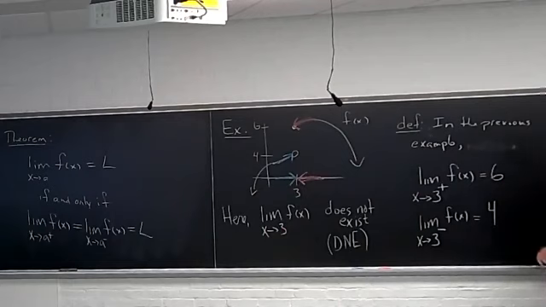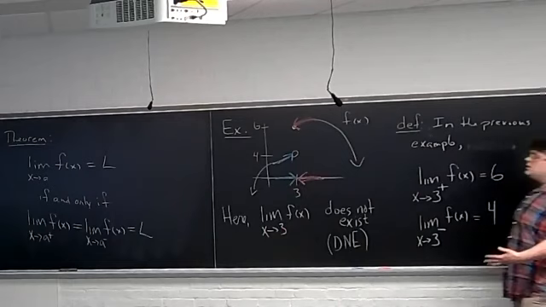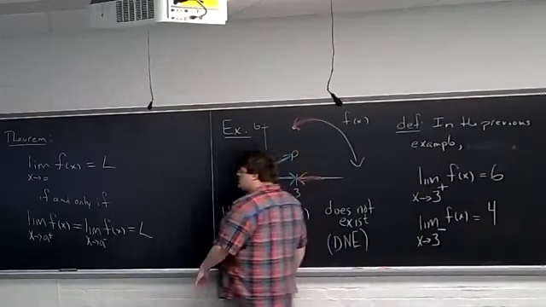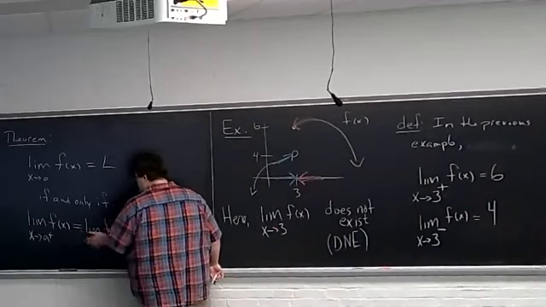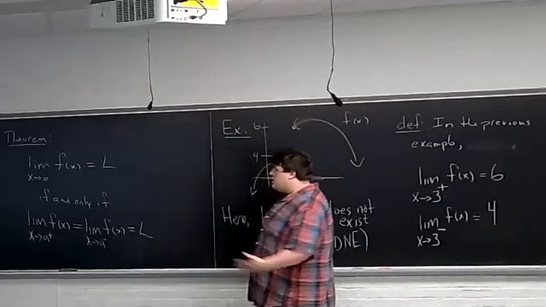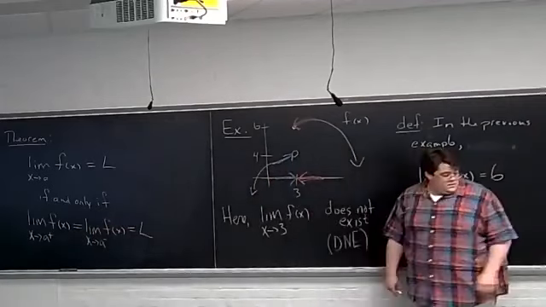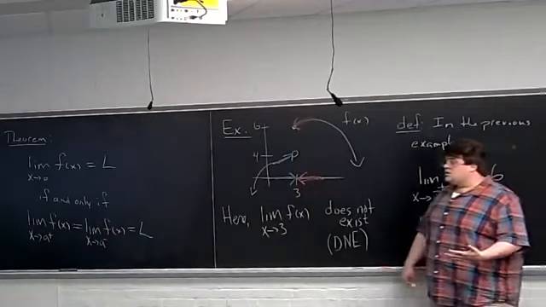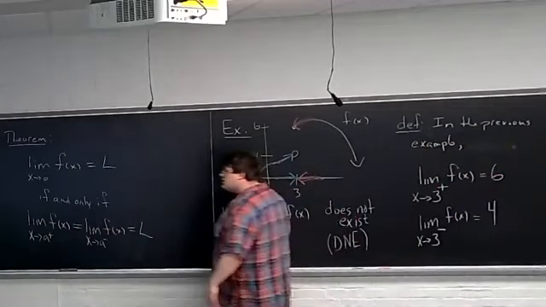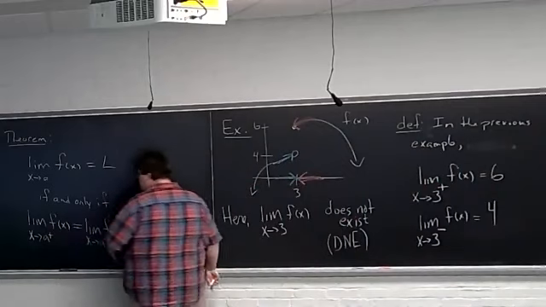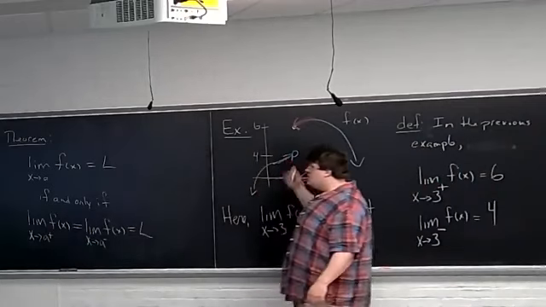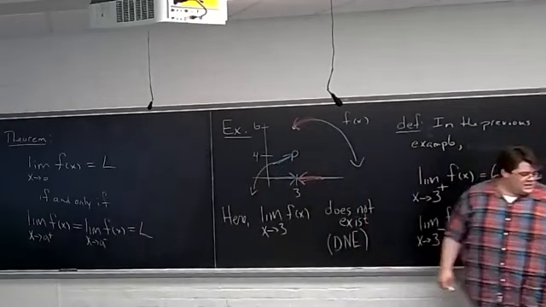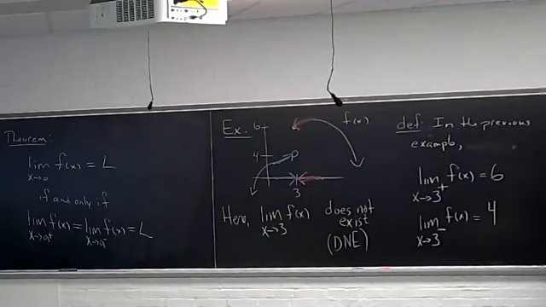So if we want to show a limit exists, one way we can do that is by looking at both sides and getting the same number. If we want to show a limit doesn't exist, one way we can do that is by looking at both sides and showing we get a different number. Any questions about that theorem?